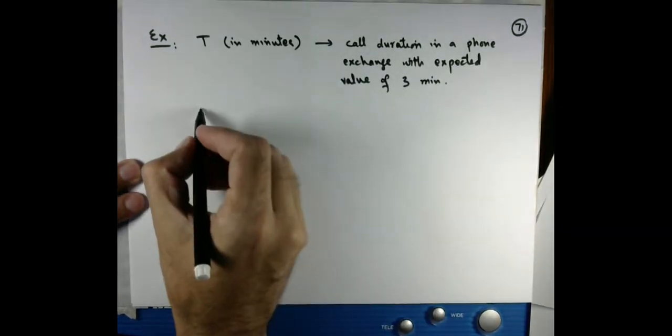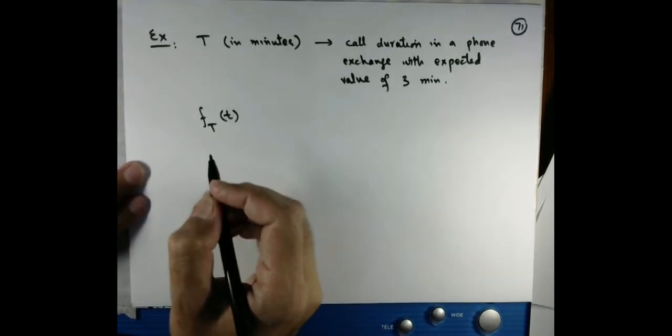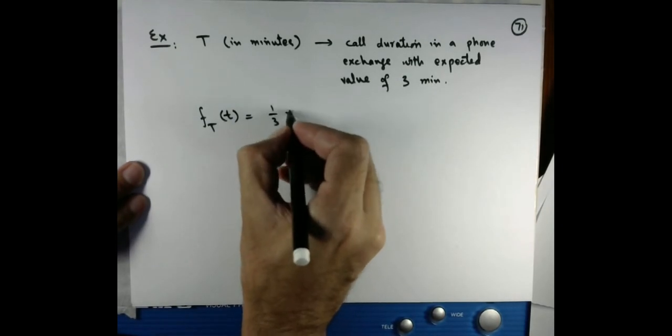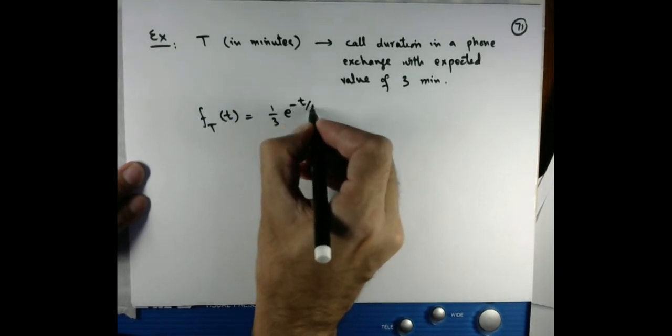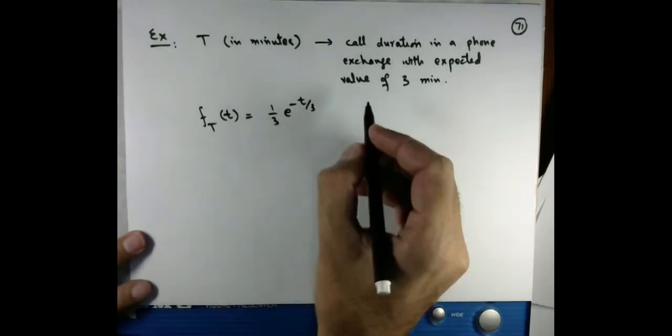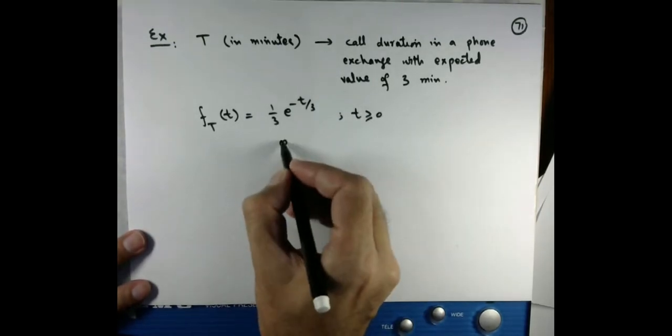And suppose that the distribution of the call duration time is given as 1 by 3 e raised to the power minus t by 3. So you see this is an exponential distribution where a is 1 over 3, and t is greater than or equal to 0, and it is equal to 0 otherwise.